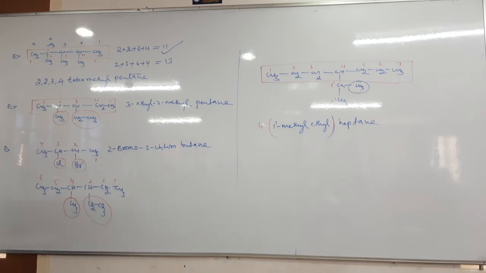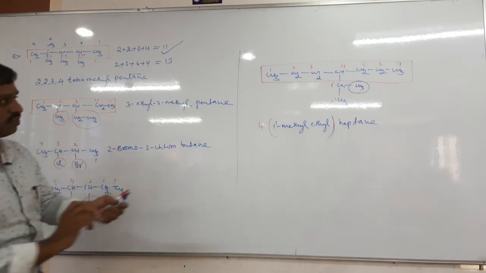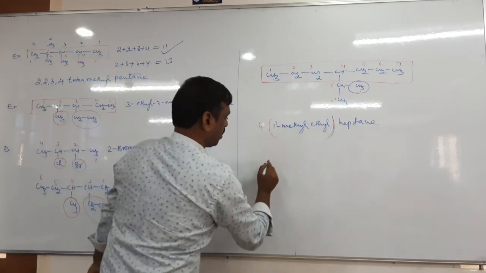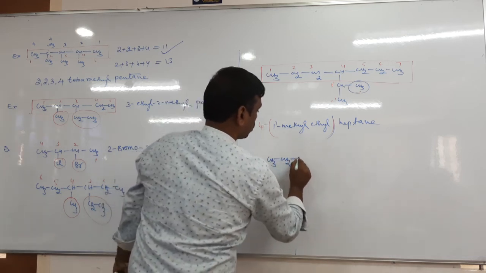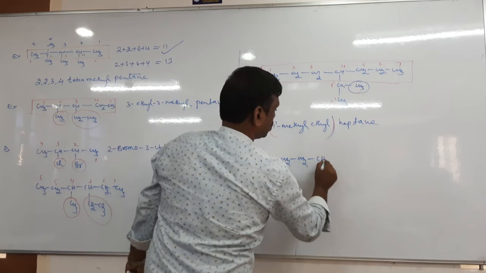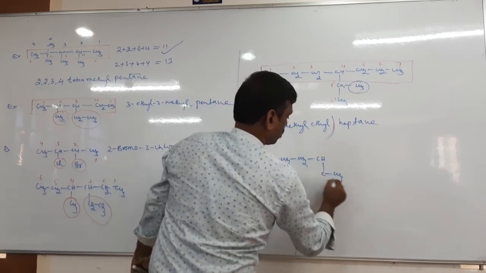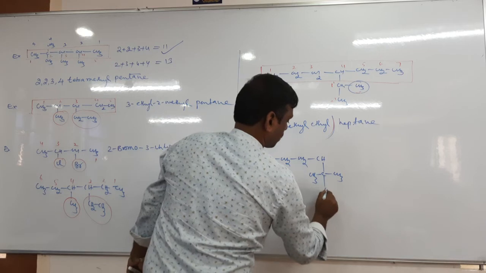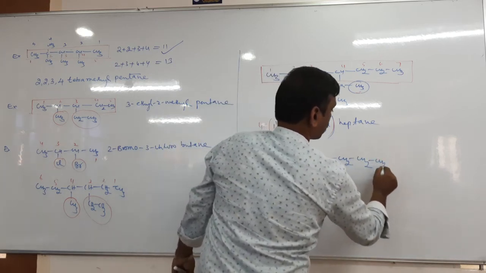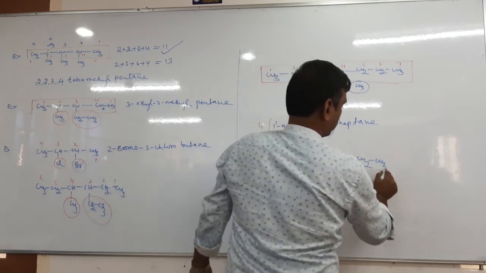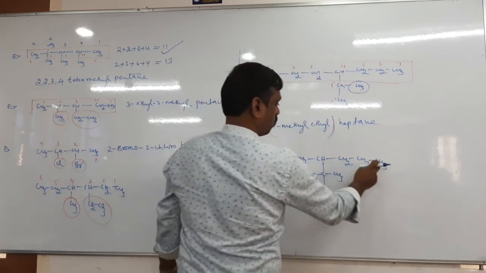Okay, next rule. Naming, we will write one more example. CH3, CH2, CH2, CH, 1 2 3 4.